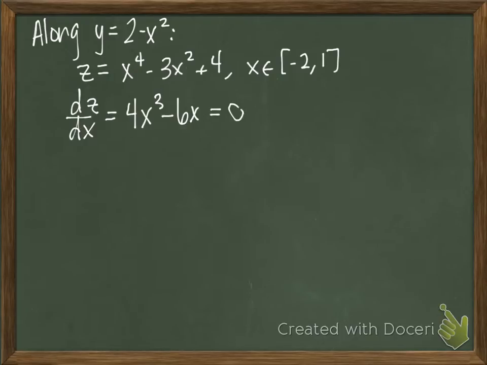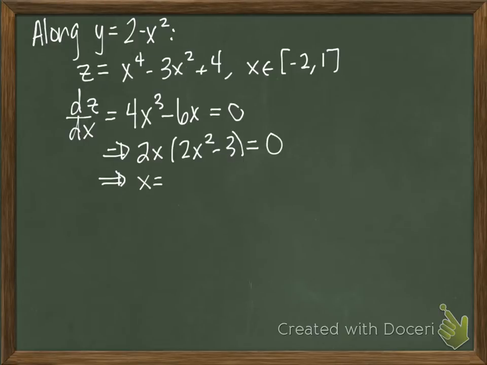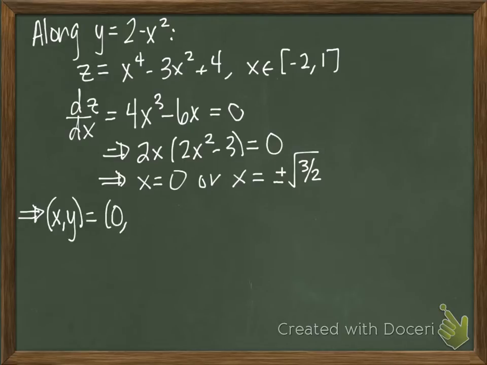So that implies we can do some factoring here, and we're going to get x is either equal to 0 or x is plus or minus the square root of 3/2. Okay, so now we need to go back and remember we're trying to gather points in our domain in the xy plane. So if x is 0, then y, we plug back into the very top equation, then y is going to be 2.